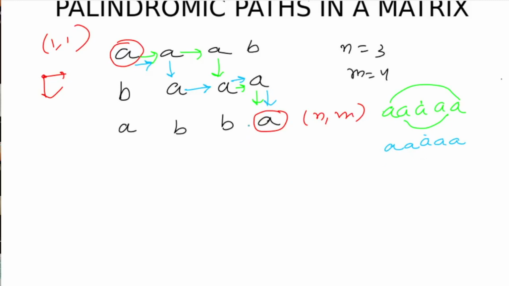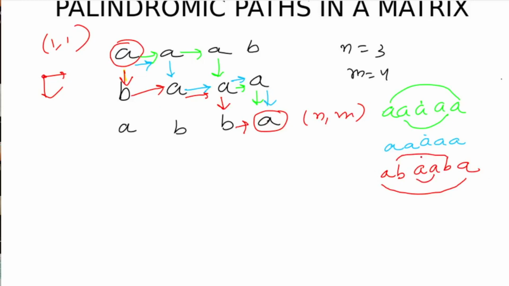So let's see if there are any more palindromic paths. Let me use another color. So suppose that you move from A to B this time, and then B to A, then again A to A, then A to B, and then B to A. So in that case you'll generate the string A B A. You can see that its first character from the beginning is equal to its first character from the end, and similarly the relation holds for other positions also, hence it's a palindromic string.